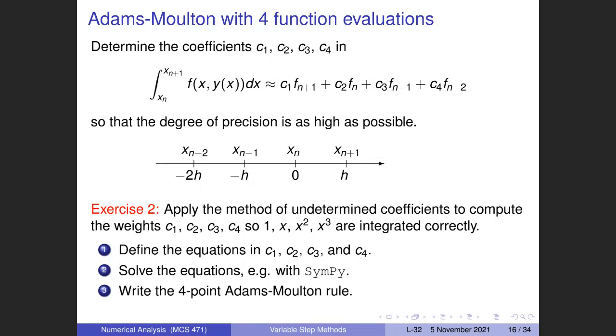In the exercise here, you will extend the SymPy script with 1 extra symbol, and we will have 1 extra equation for 1 extra basis function x to the power 3. So if the function is actually a cubic, it will be integrated correctly. So the order is 4.